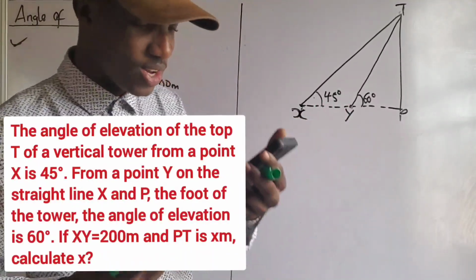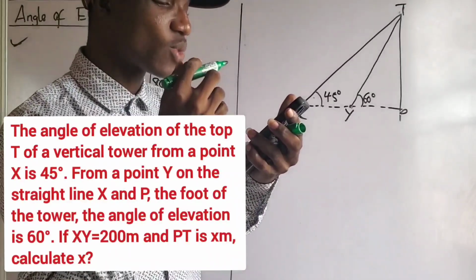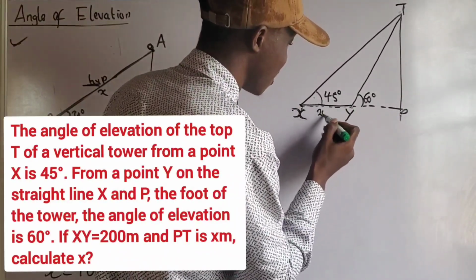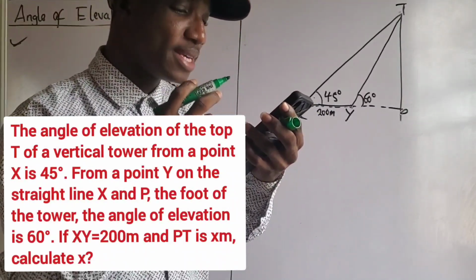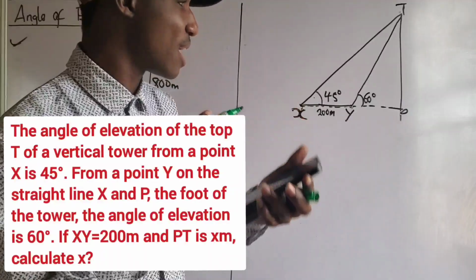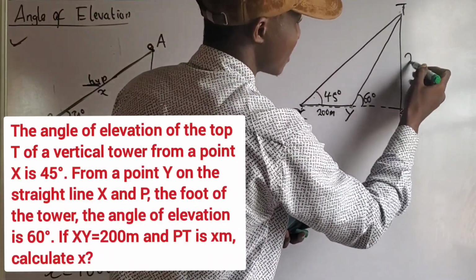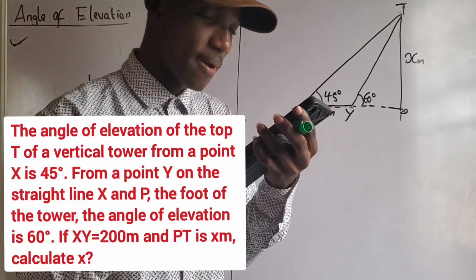If XY is 200 meters, the distance from this point to this point is 200 meters, and PT equals x meters.